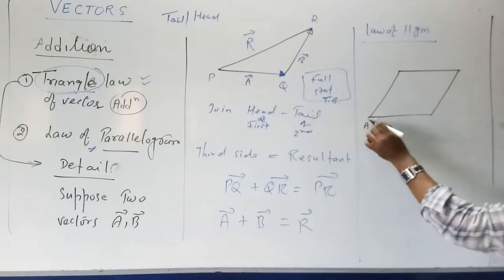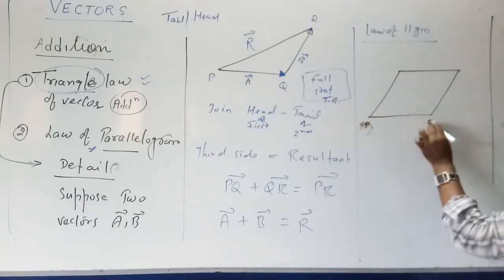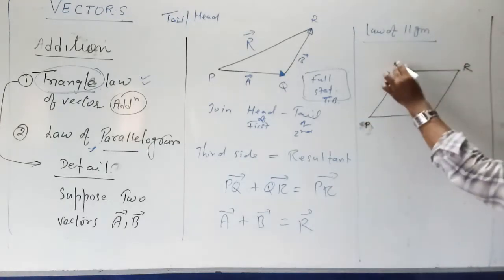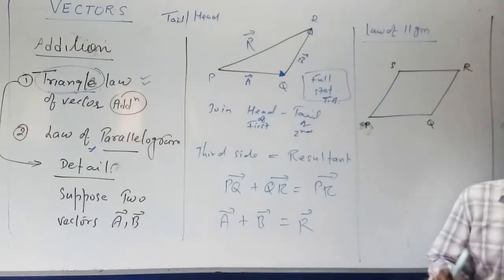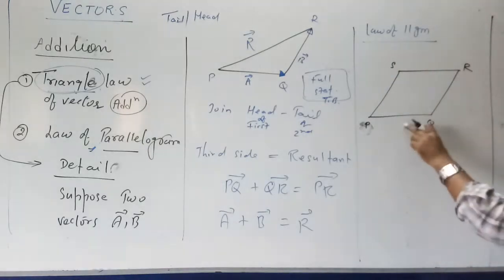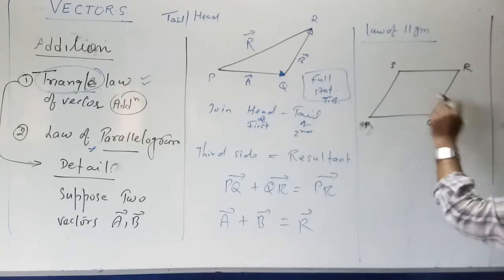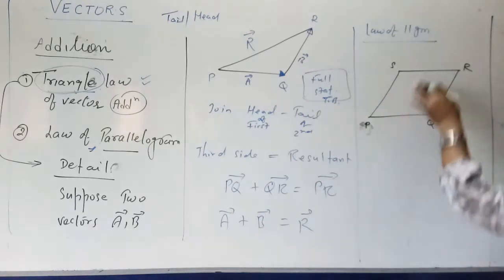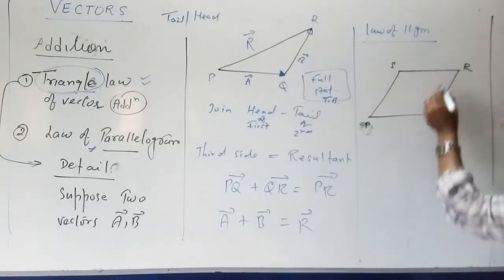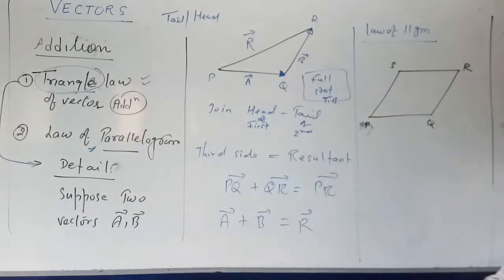Give its name PQRS. How many sides does it have? It has 4 sides. These and these are parallel, this and this are parallel and equal. This is your diagonal. Also draw the diagonal.